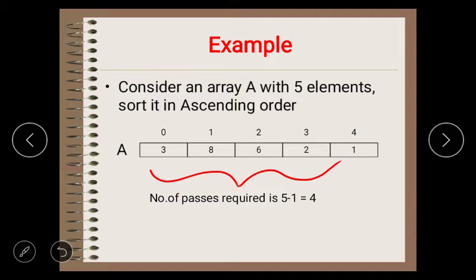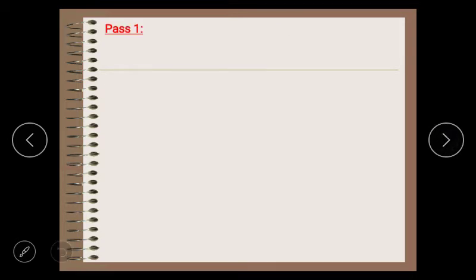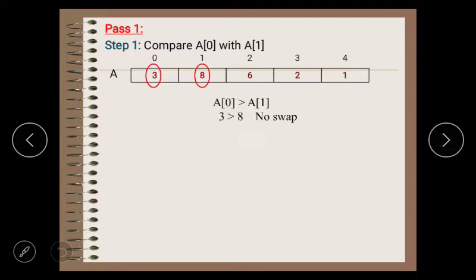We will see the first pass. Here we need to scan the array from left to right. While scanning, we compare a particular element with the adjacent element. So here we compare a of 0 with a of 1. You can see the compared elements in circles.